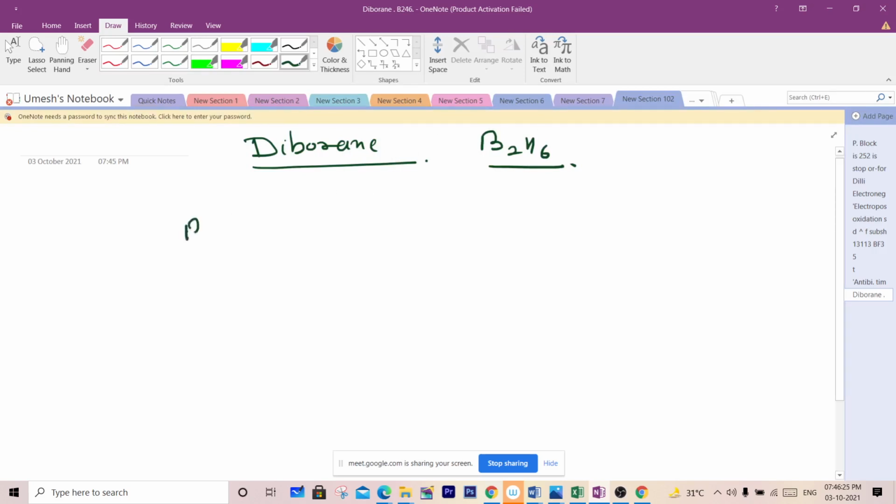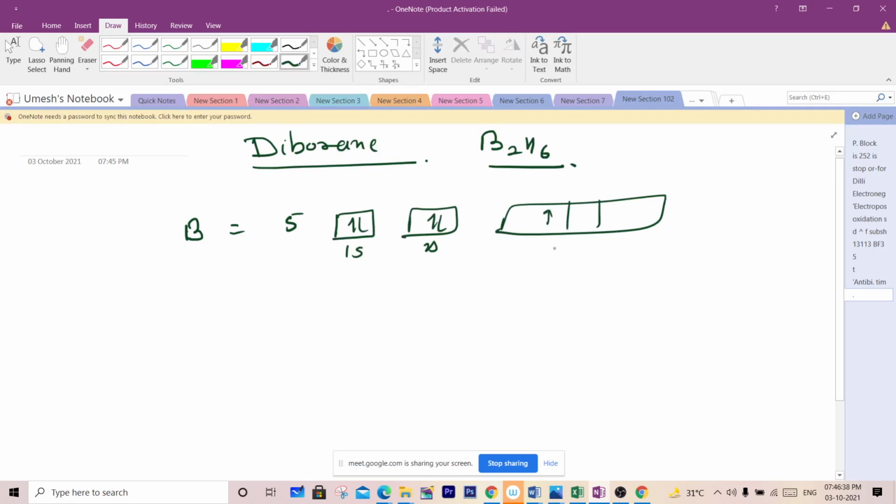Now, if you see the boron, atomic number is 5. Electronic configuration is 1s2, 2s2, and 2p1.